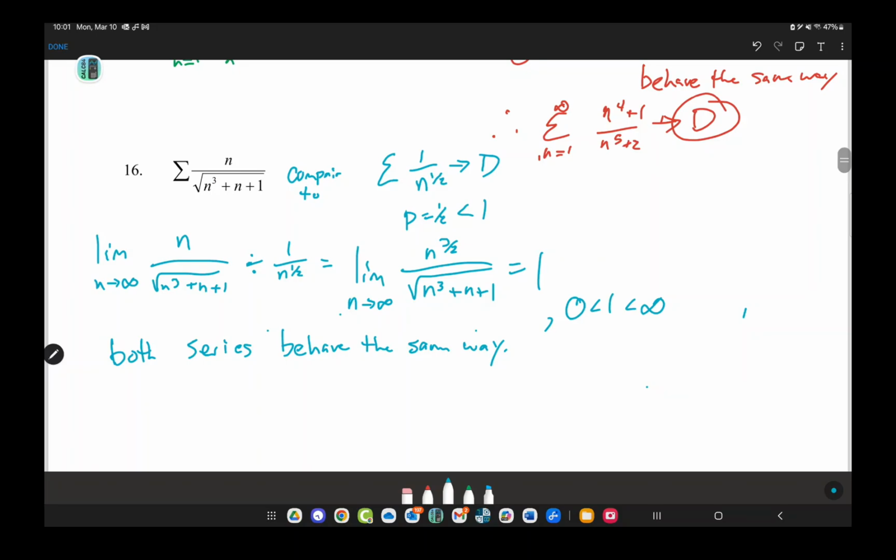Therefore, the sum as n equals 1 to infinity of n over the square root of n cubed plus n plus 1 diverges. 2.